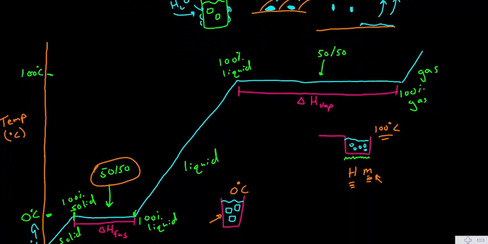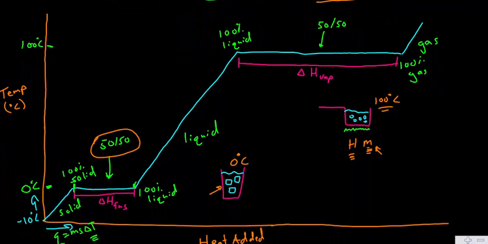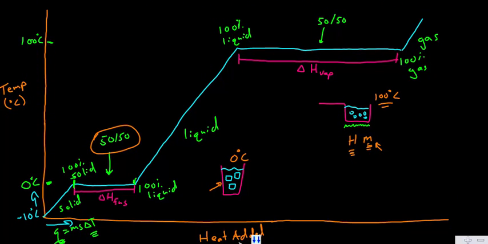All right, so we've got a graph here of the amount of heat added versus temperature. So consider a case where you have ice at negative 10 degrees Celsius, and you add heat to it. You'll see that its temperature should increase as heat is added.